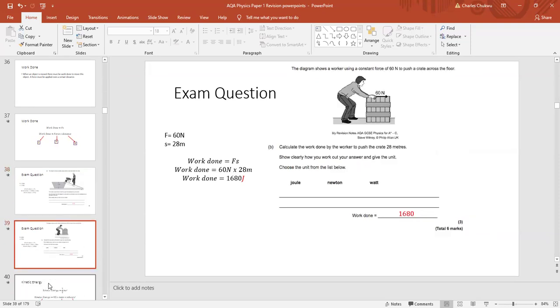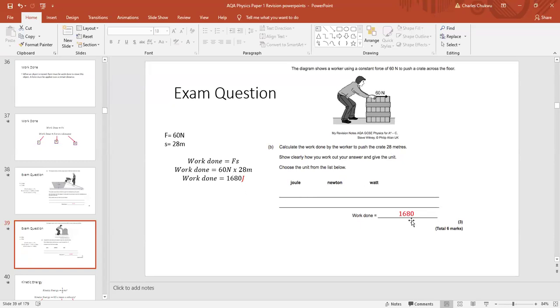This one is the same thing. Calculate the work done by a worker to push the crate 28 meters. Show clearly how you work your answer. Of course, you applied a force of 60 newtons in the forward direction, and the crate was moved over a distance of 28 meters.